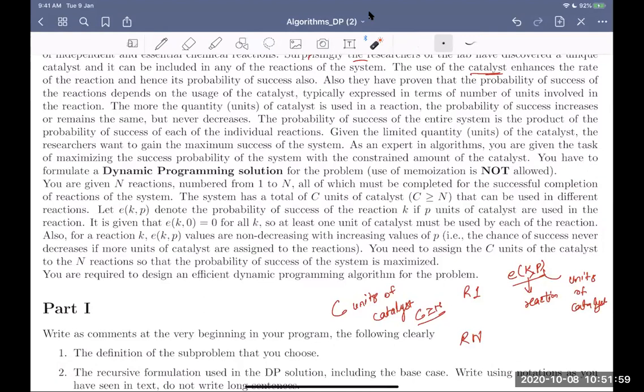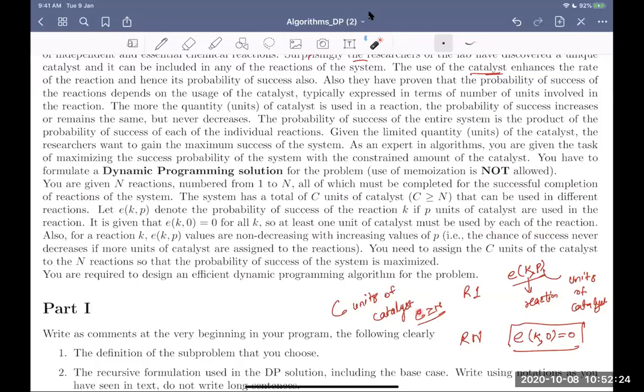And what is given to you about E_KP? E_K0 is 0. So for any reaction, if you do not use any catalyst at all, its probability of success is 0. Because you have to complete all the reactions, you have to use at least 1 unit of catalyst for each reaction.